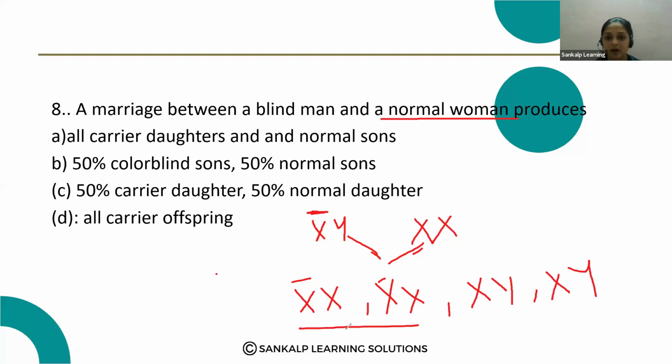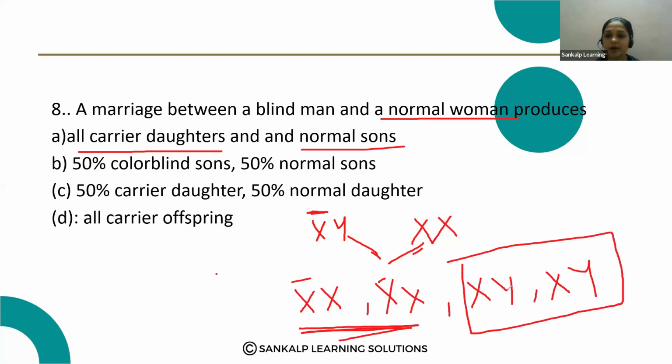These daughters are called carriers. So all carrier daughters and normal sons. The sons are normal because in males there is no carrier, as they have only one X chromosome. Color blindness is related to the X chromosome.